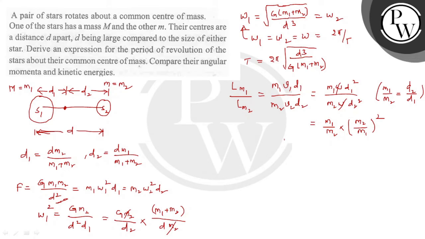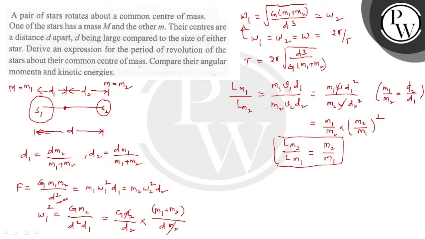So L m2 by L m1 is equal to m2 by m1. This is the ratio of angular momentum, already asked.